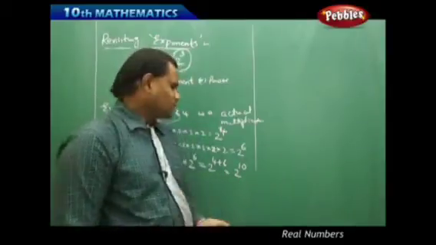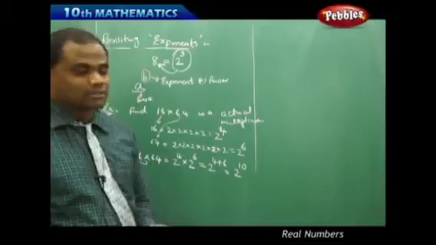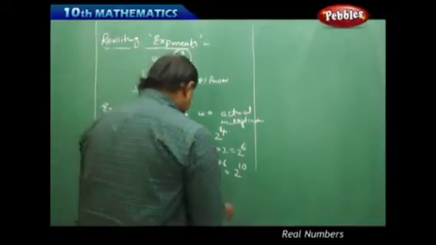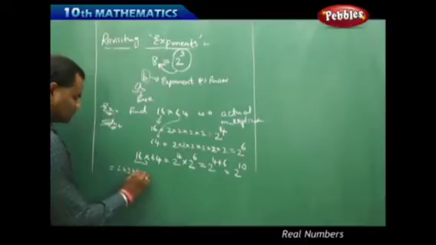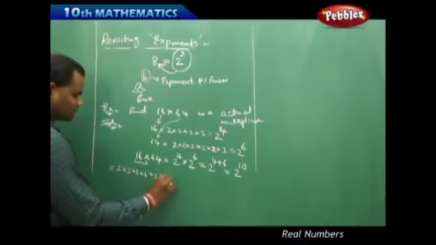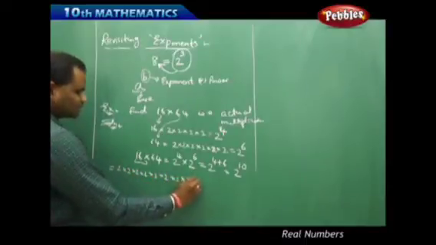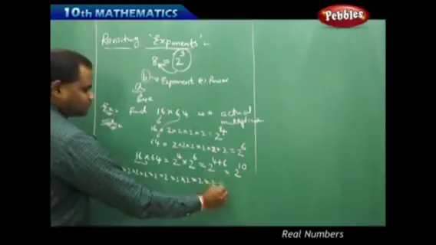Now how do I find the general value of this? It is simple that I take this 2 power 10 as 2 multiplied 10 times: 2, 3, 4, 5, 6, 7, 8, 9 and 10.